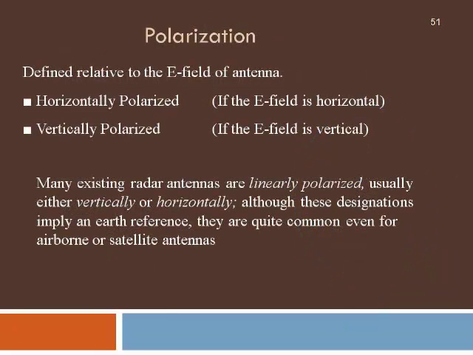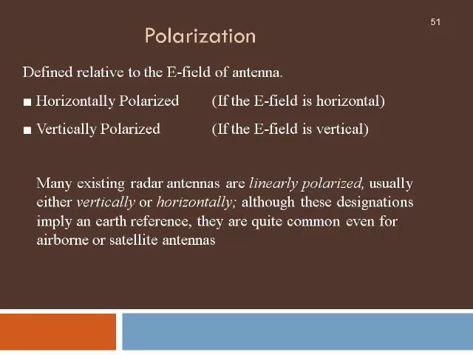Let us now see what we mean by polarization. It is defined relative to the E field vector of the radiated signal of the antenna. There is horizontal polarization if the E field is horizontal. We say it is vertically polarized if the E field is vertical.